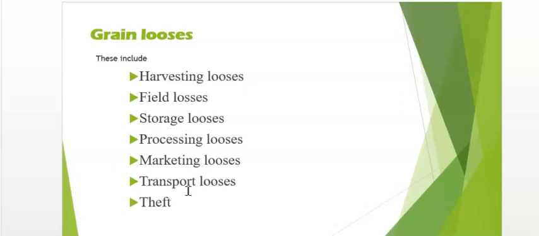We have different types of grain losses. 1, we have harvesting losses. They occur during harvesting. Field losses. These losses occur when the produce is still in the field. Storage losses. They occur during storage period. Processing losses. They occur when the produce is being processed. Marketing losses. These occur while the produce is in the markets. Transport losses occur during transportation.